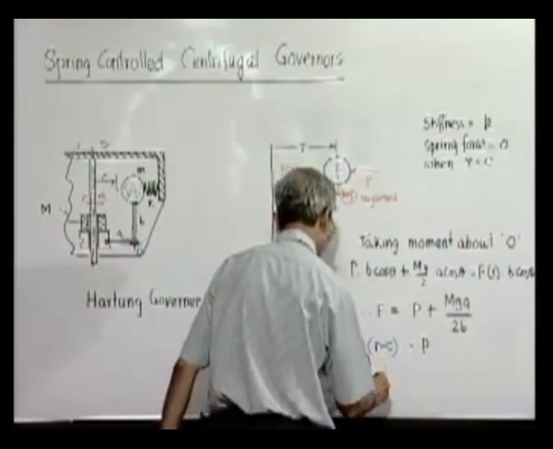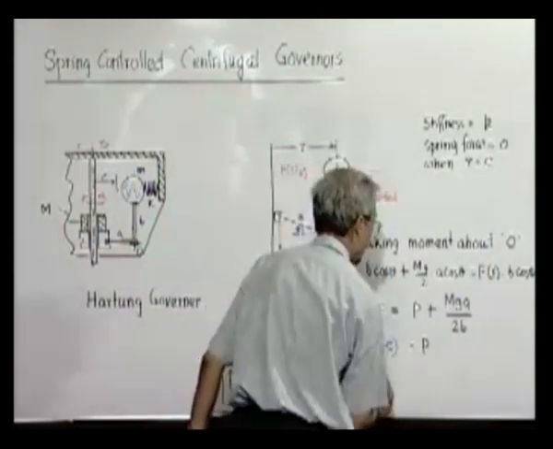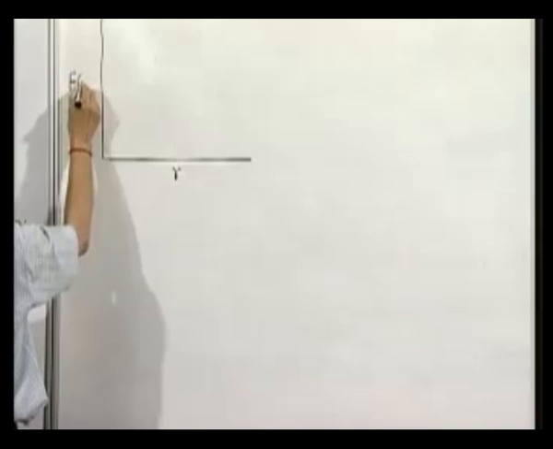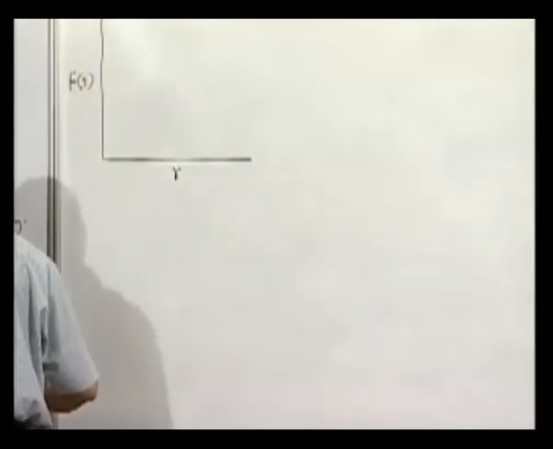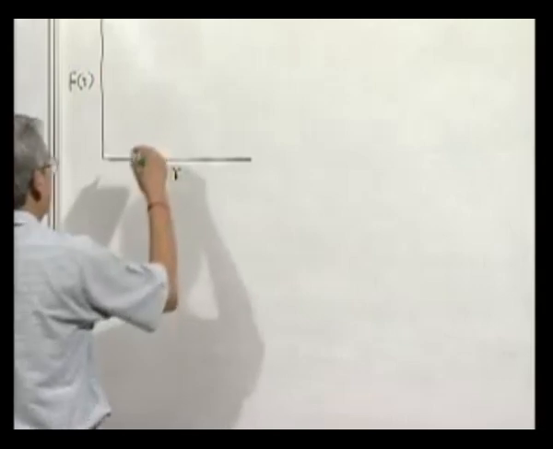So if this is the expression of the control force, how does it look if we plot it? Very clearly you can see that it is a straight line.